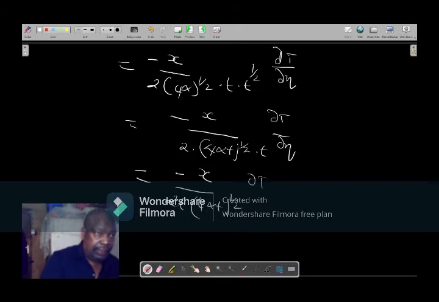So we can go back to our heat equation. So our heat equation says that d squared T by dx squared is equal to 1 over alpha dT by dt.